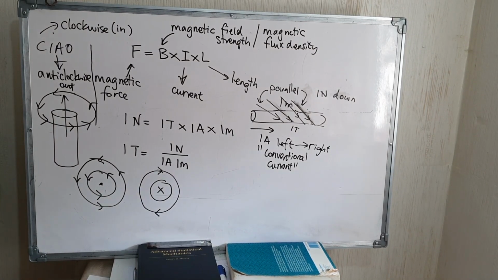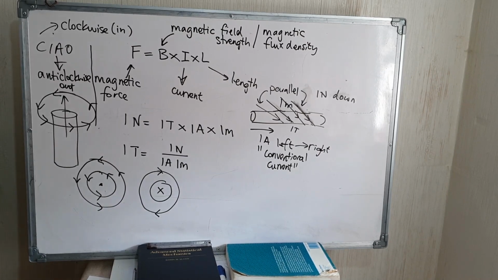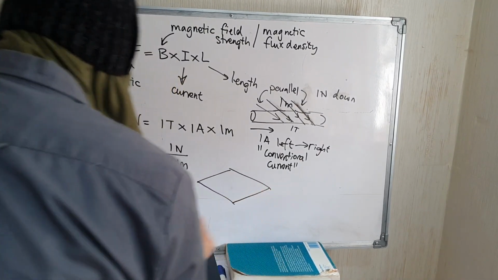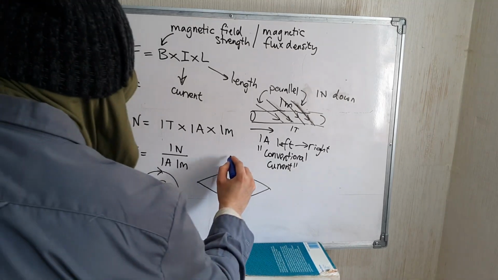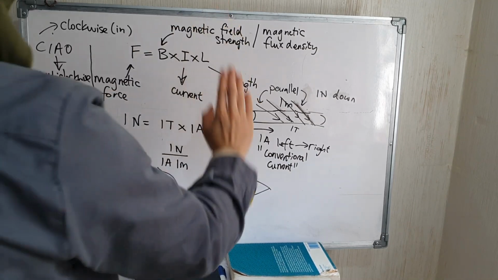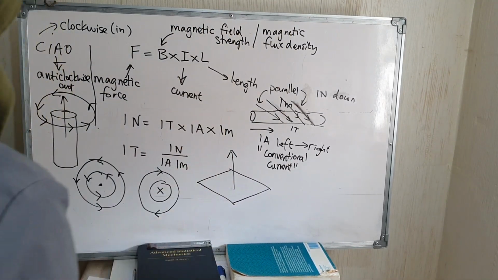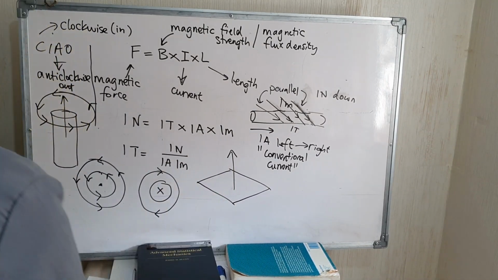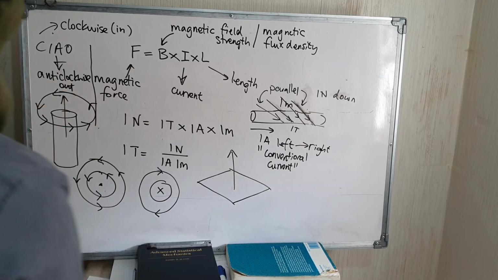So let's just draw another diagram. For example, this is a 3D representation. Let's just say the current is going up. If it's going up, supposing you look head down, supposing you are at the top, it looks like it's coming out, isn't it? So if it's coming out of the page, out is anti-clockwise.